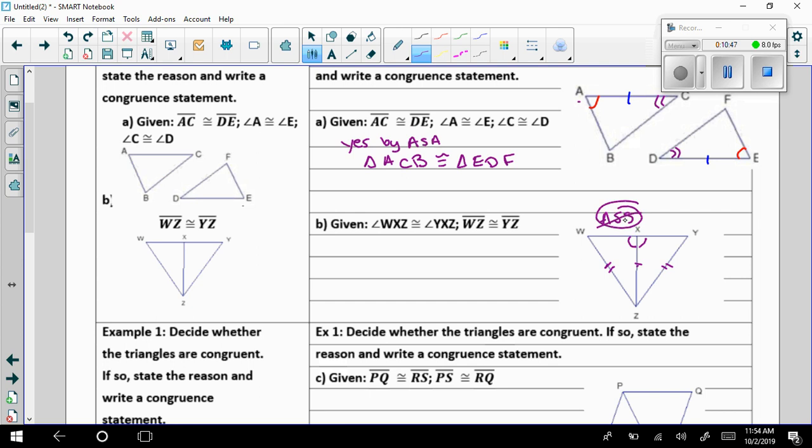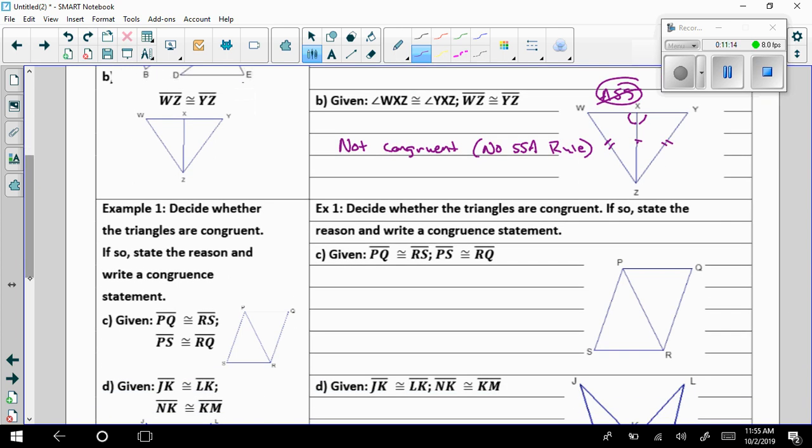The angle has to be sandwiched between those for this to work, all right? So we used our reflexive property here. We got everything marked, but there is not congruent because there's no SSA, I'm going to flip that around, rule. Okay? That's not a reason to prove it congruent.